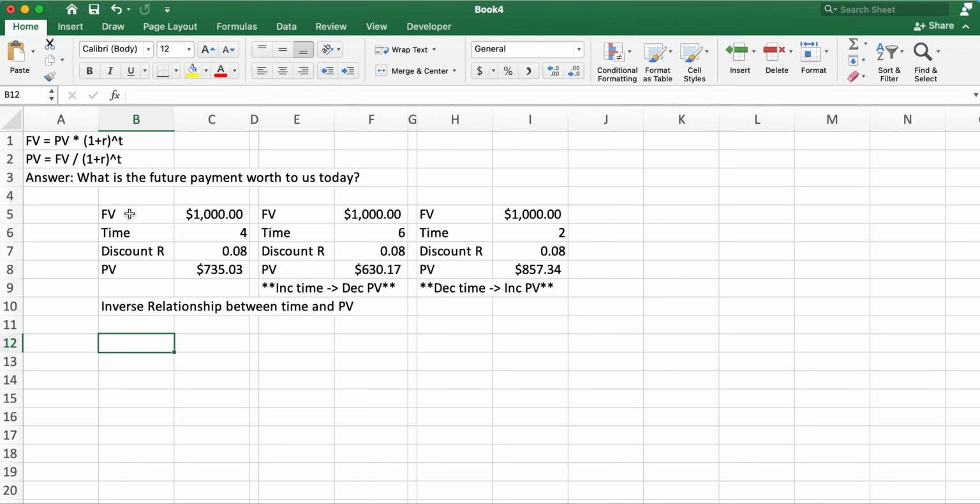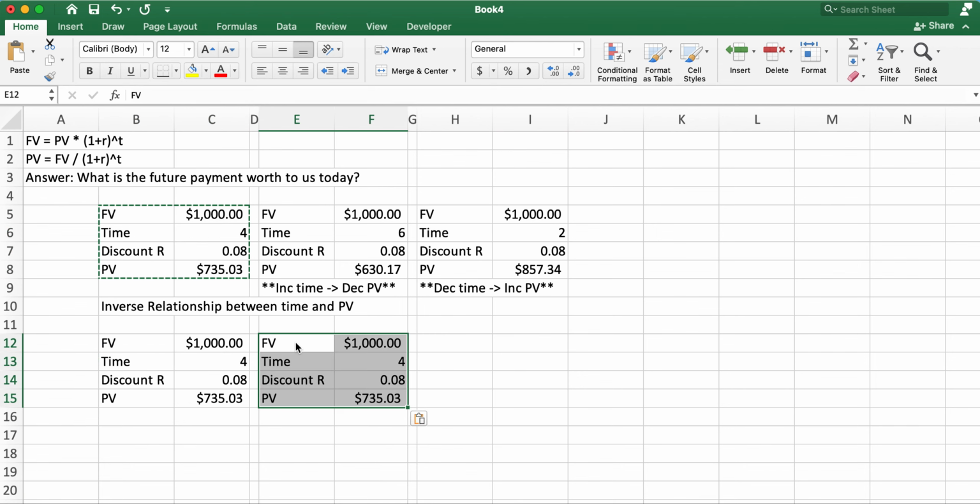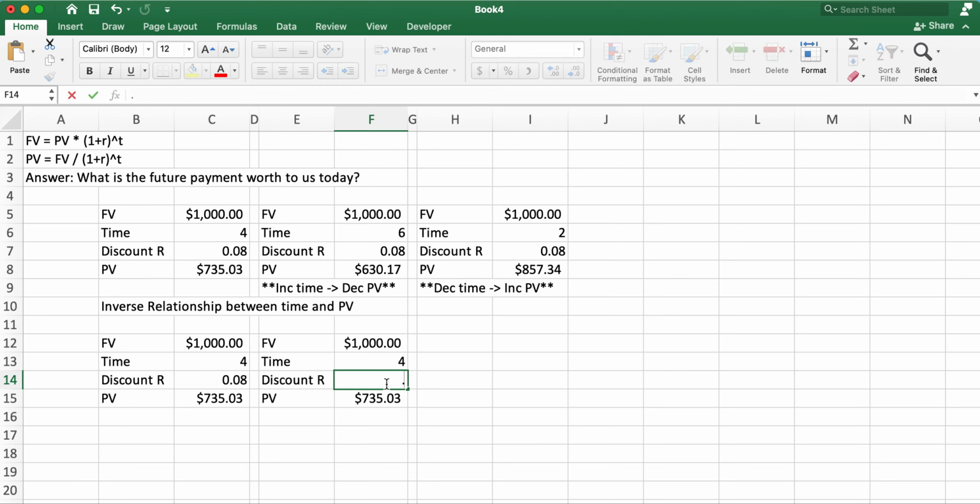So let's do this again. And we're going to tinker around with not our time this time, but our discount rate. So we have our base. Now this time we're going to increase our discount rate. We're going to increase it by 4%. So we go from 8% to 12%. And you'll notice that we have a decrease in our present value.